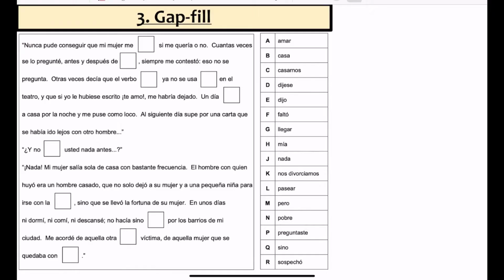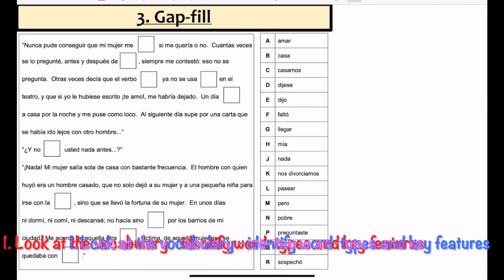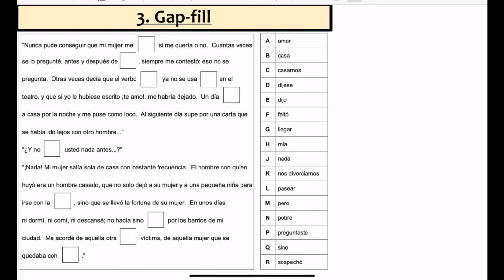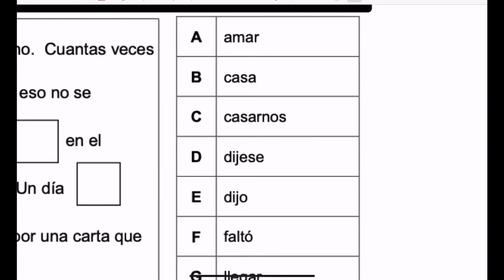The next exercise that we're going to look at is the gap fill exercise. Now, the gap fill exercise, a lot of it depends on grammar and then applying knowledge of vocabulary after that. What I would do before you start off is have a look at the vocab that's given to you and make some annotations about what you see, such as amar. We know that that's an infinitive. We've got casa, a noun.